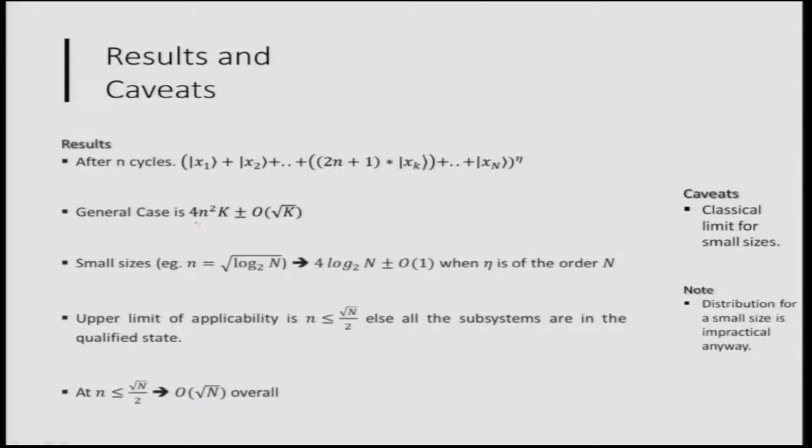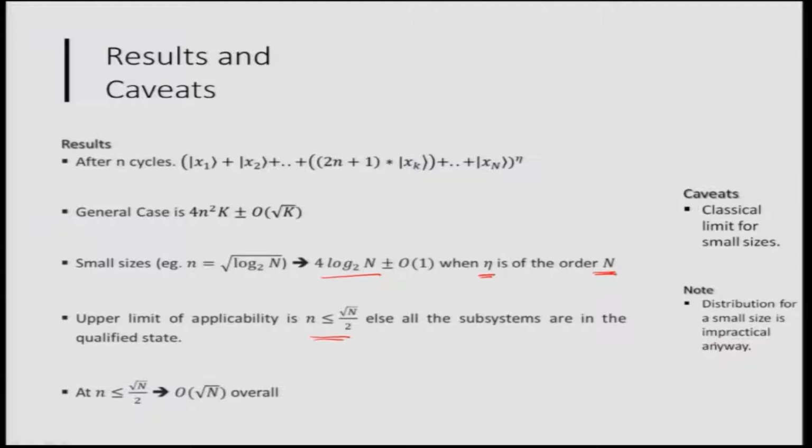The general case is that there would be an order of root k, and the advantage is that when there are small sizes, then that is when your eta is of this order of n, then it goes back to the original condition of log base n, and the upper limit of applicability is when n is less than half of root n, else all the subsystems are in the qualified state.